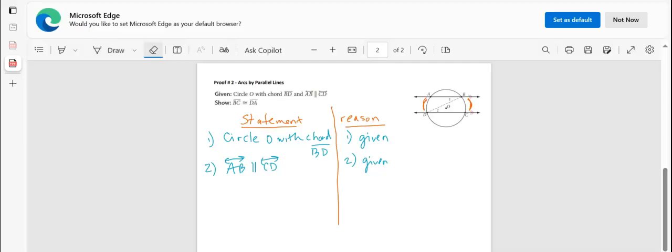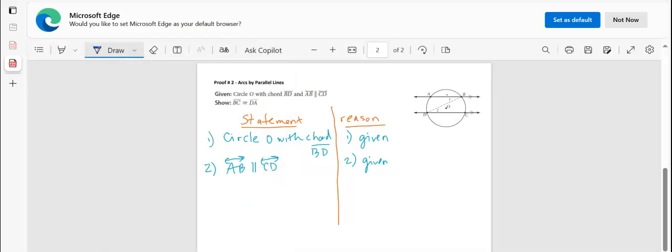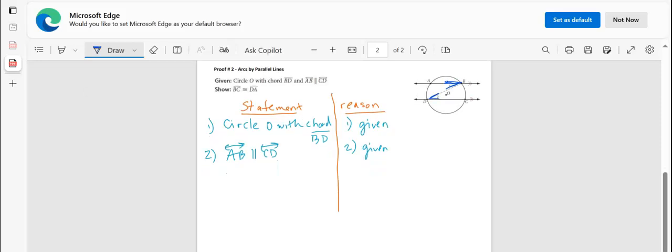Again, we have parallel lines. We are always thinking about alternate interior, corresponding, etc. You can see that they have conveniently labeled angle 1 and angle 2, and they make that Z. So we're going to just say angle 1 is congruent to angle 2, and that is by AIA, the alternate interior angle conjecture.